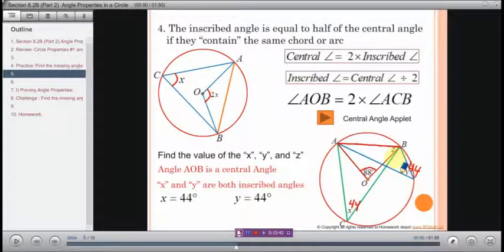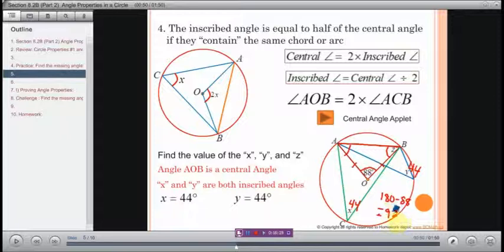Angle Z. How are we going to figure out angle Z? It always comes back to isosceles triangles. Here, this red triangle is an isosceles triangle because that's a radius, that's a radius. Those two are equal, and isosceles triangles say the base angles are equal to each other. Well, how do we figure out those base angles? If that's 88, and the whole triangle is 180, if we subtract 88 from 180, we get 92.